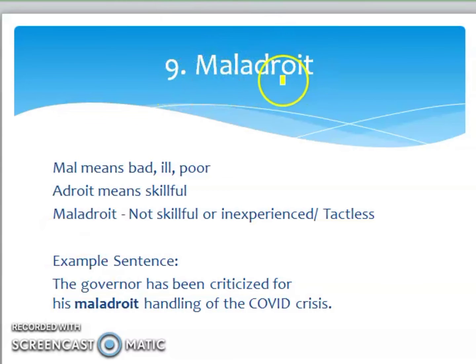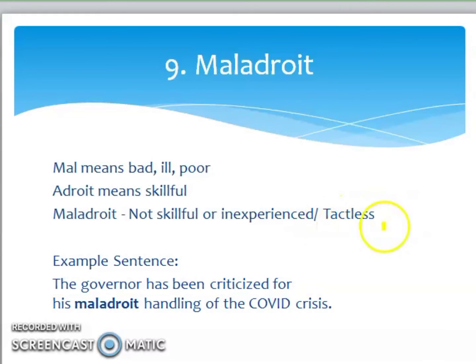Next, maladroit. This could be a new word for you. Mal means bad or ill or poor. Adroit means skillful. This is another root, skillful. So maladroit is the opposite of adroit. So not skillful, inexperienced or tactless. You might have heard of the word tactics.